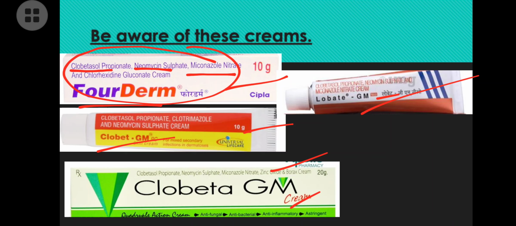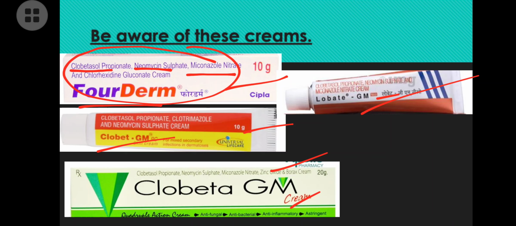Long-term use of these steroids may cause severe skin complications: thinning of the skin, pimples, small blisters over the skin, and growth of hair on the skin. These are the side effects observed with steroid creams on the skin. So never ever use this type of steroid cream on a fungal infection.